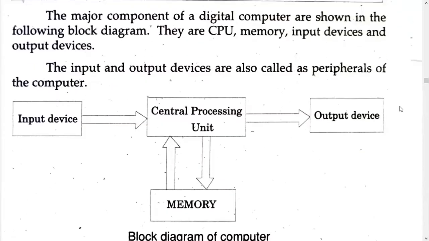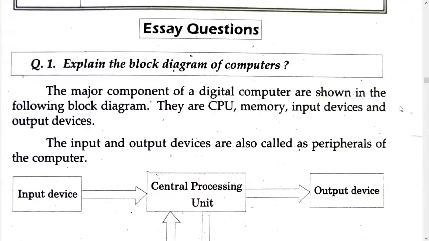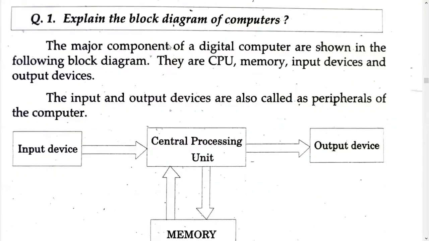So here, the main important thing we have discussed today is this question: explain the block diagram of a computer. By understanding this basic information, you will get an understanding of what a computer is. The main components of the computer in the block diagram are the input device, output device, memory, and central processing unit.